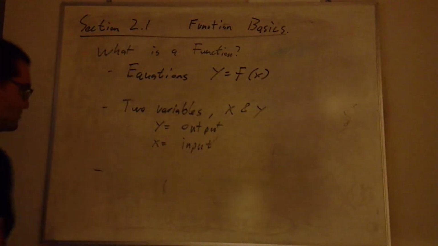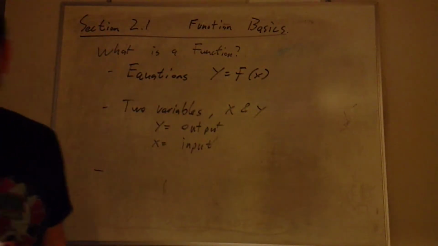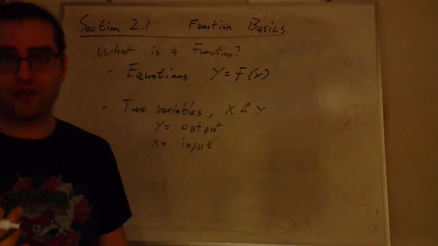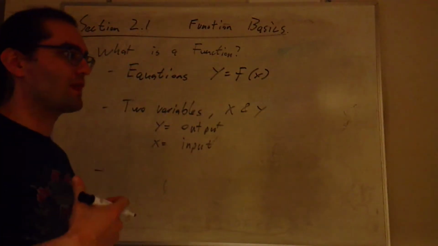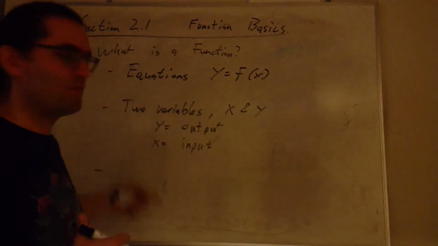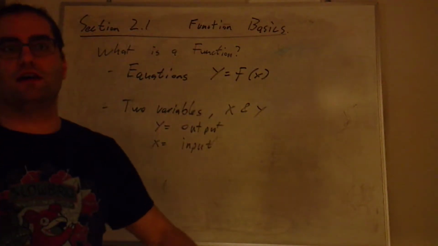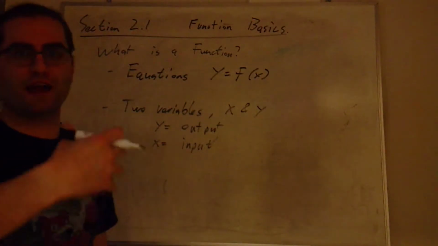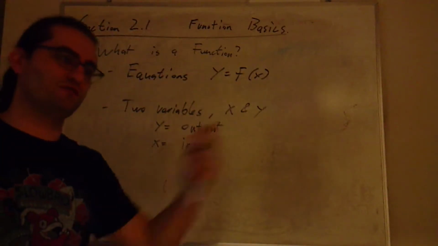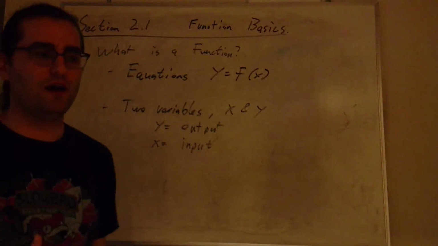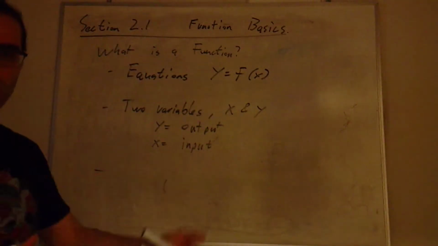Eventually we're going to start thinking of functions as objects. When you think about it as an input-output machine, you're thinking about a function as a process. It is a series of actions that happen to one number to produce a new number. And that's useful to a point.